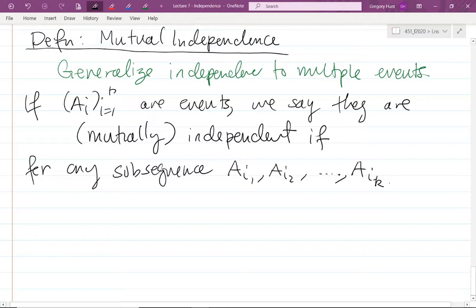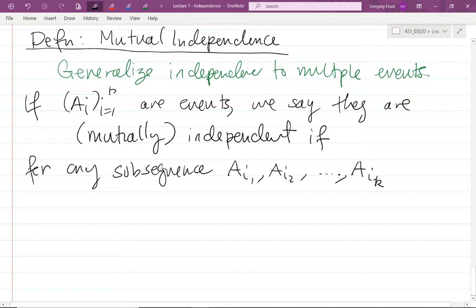This is just an arbitrary notation for some subsequence. It could be A2, A7, A8, A11. It could be any length. Here our length is k, but the i's are just arbitrary indices.